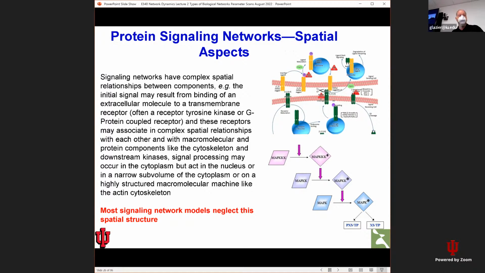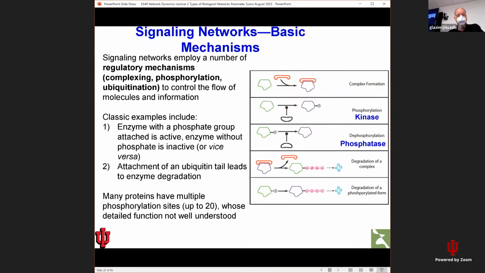So there is, again, a spatial component to signaling that can be quite complex. But typically, signaling happens in basically 4 regimes: outside the cell, at the cell boundary, near the cell, just inside the cell membrane, in the cytoplasm, and then in the nucleus. It's a little bit less structurally complex than metabolism.